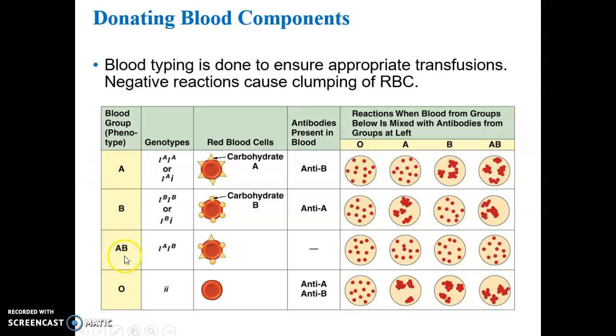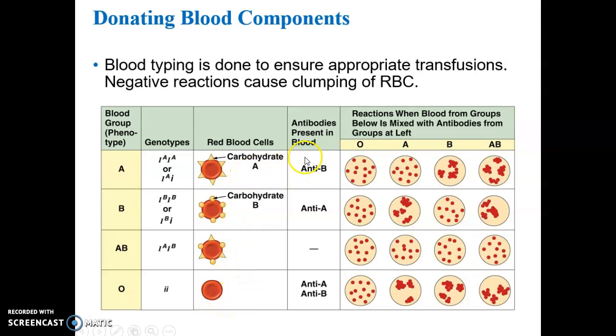Go back and look at our genetics chapter. That's an example of codominance. If you're blood type O, you have none, or you do not have surface molecule A or B. Okay?